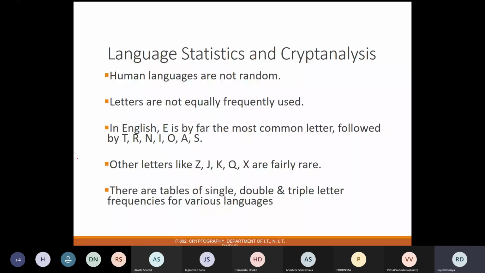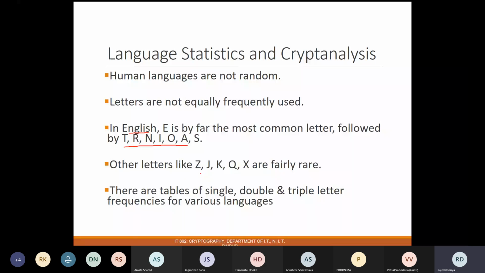Why? Because they leave some pattern behind them, and those patterns are very much inherent in any language. So let's say if you go by the English language, then E is by far the most common letter which we use, right? Similarly, there are other alphabets like T, R, N, I, O, A, and S. These are the very frequent alphabets which we use in English, right?